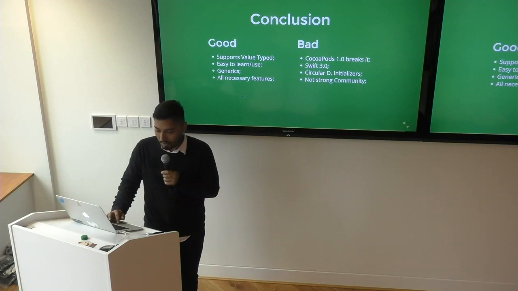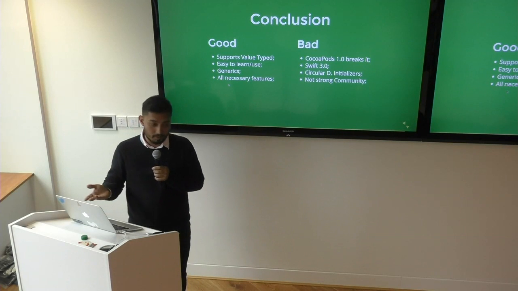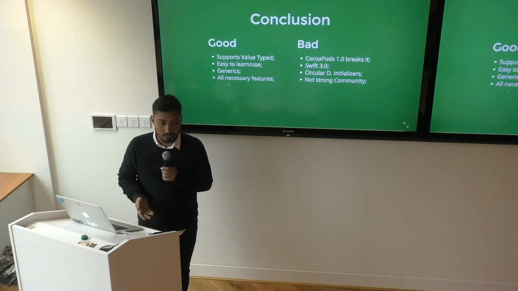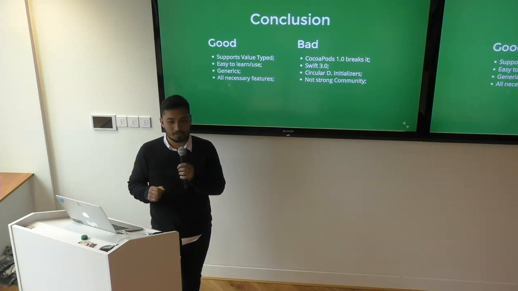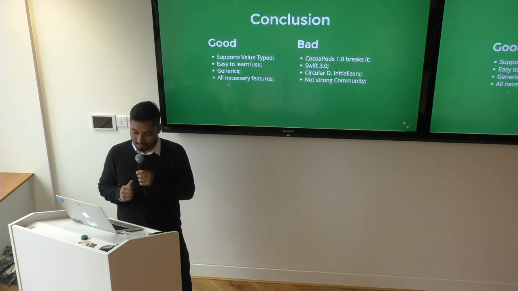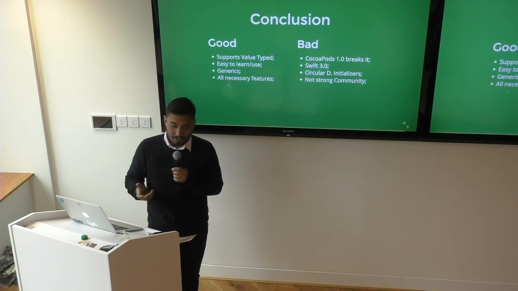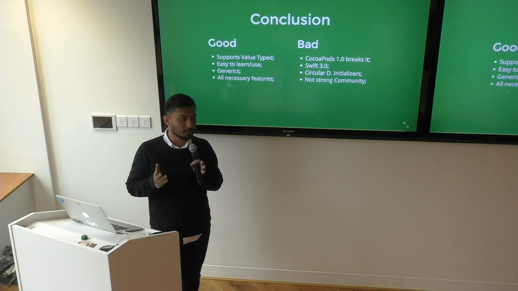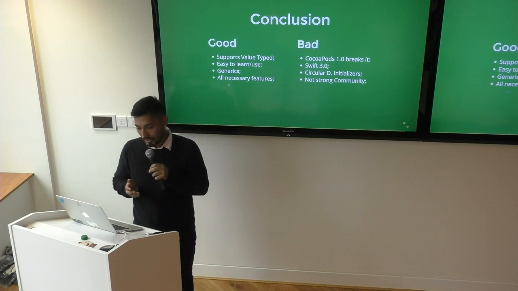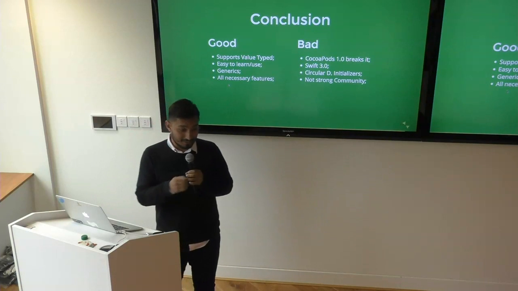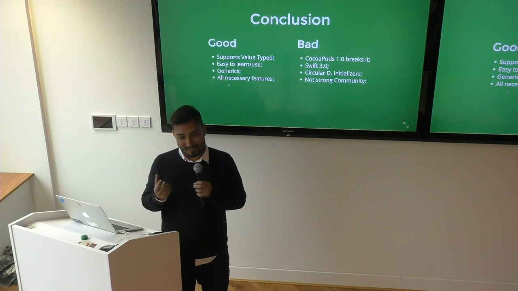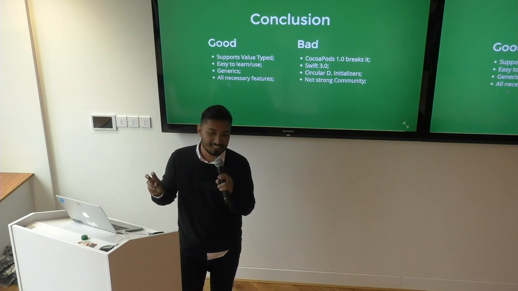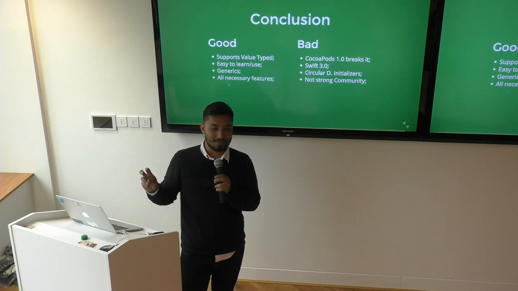But meanwhile, the good thing about this is that it supports value types. So you can add your structs there. You can conform them to protocols, and it's going to work fine. I've tested. It's very easy to learn and to use. The syntax is pretty straightforward. It works with generics. This is something that Typhoon doesn't have. Typhoon works a lot with Objective-C IDs, so everything is going to be resolved at runtime.